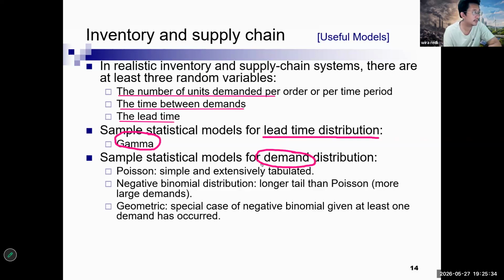But for demand, normally it will be modeled as a Poisson distribution. And sometimes also negative binomial, which is basically similar to Poisson but has a longer tail than Poisson. I don't really know how to draw Poisson distributions, but a longer tail means at the end of the distribution in the graph.